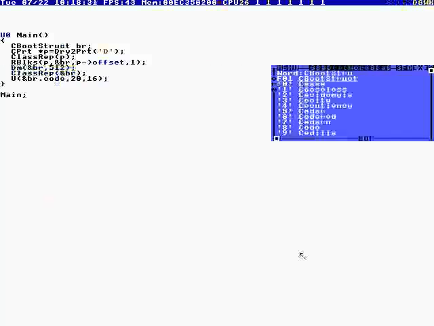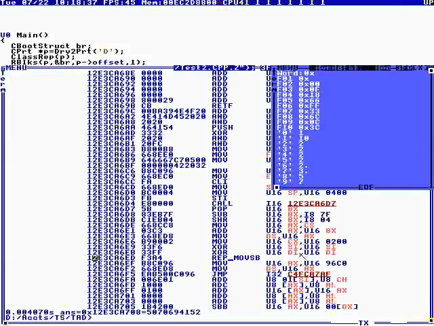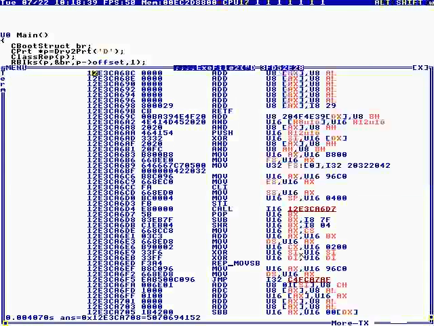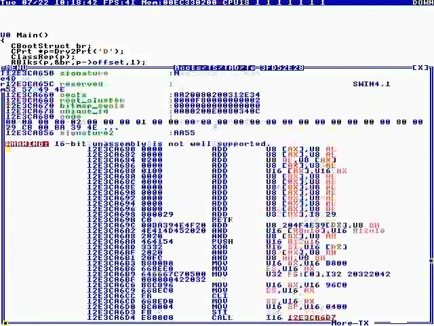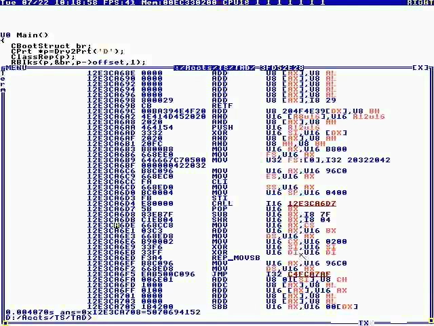Let's dump some more code. Let's dump 50 lines. Okay. Oh, that's the DAP. The record for interrupt. We use interrupt.